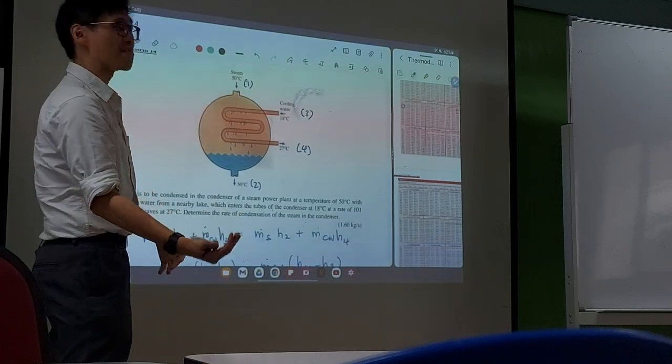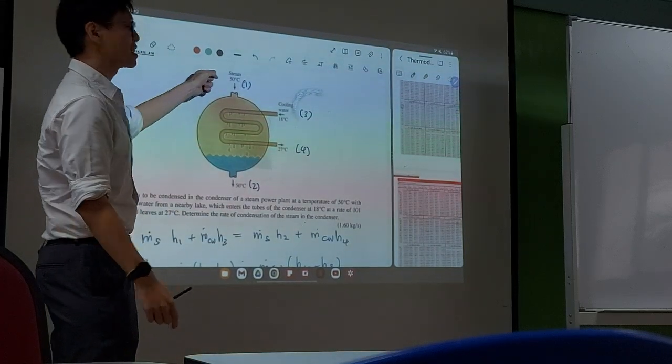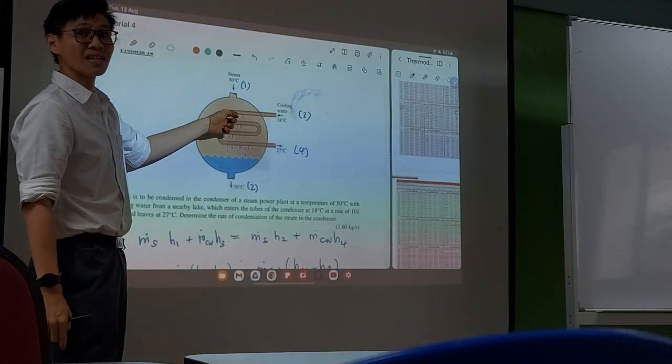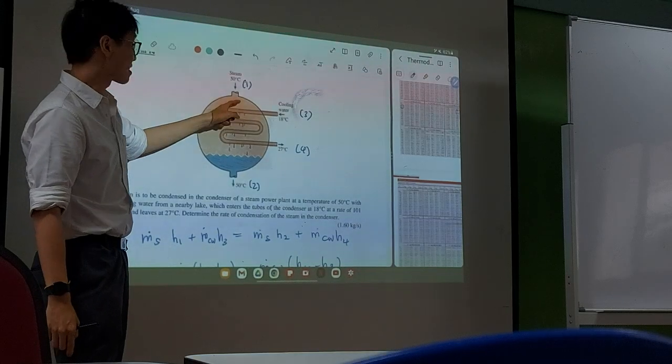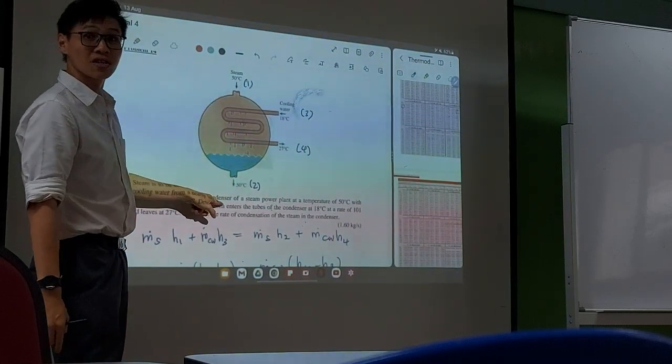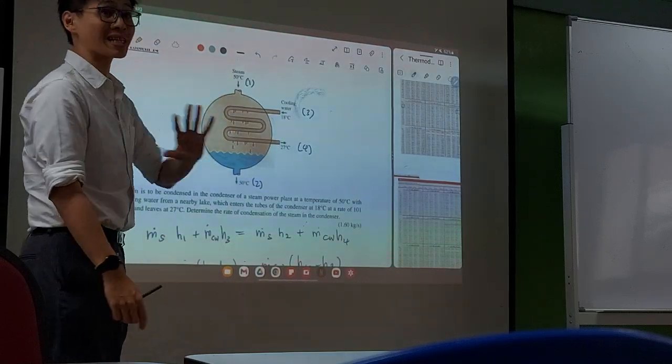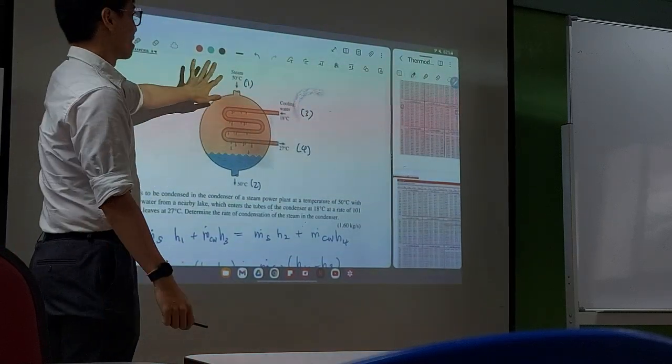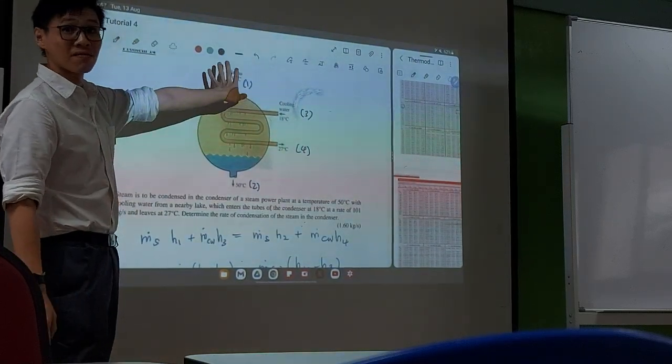So in a way, what I'm trying to say here is it goes in as a saturated vapor. And then it comes out as saturated liquid. Because temperature doesn't change. If temperature changes, then you cannot make that same assumption, because then the one that comes in can be superheated vapor.